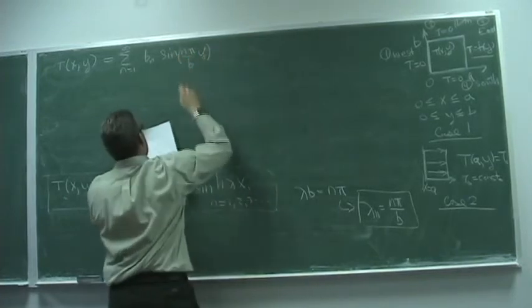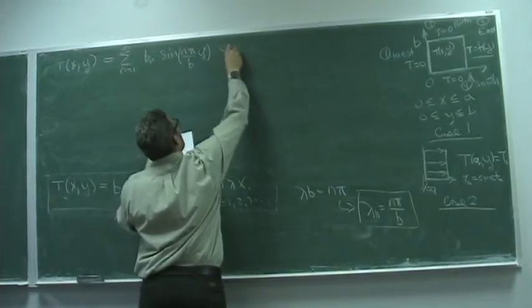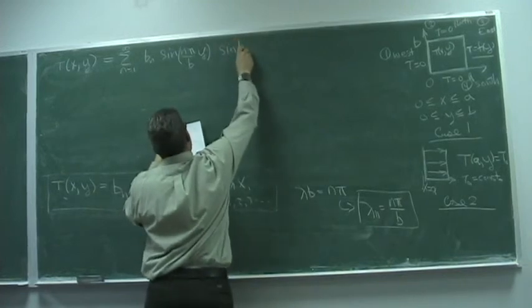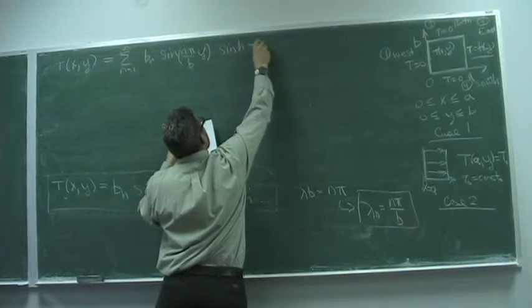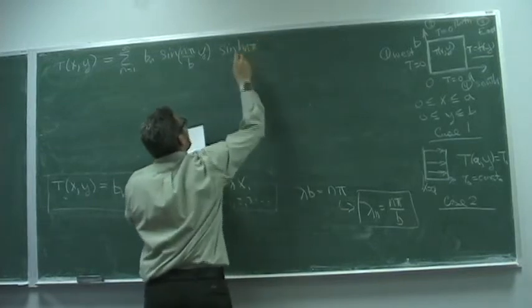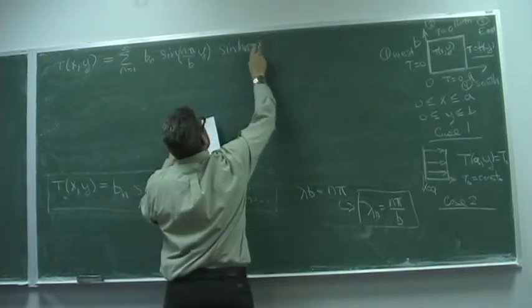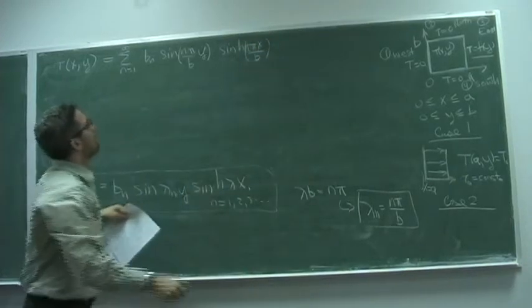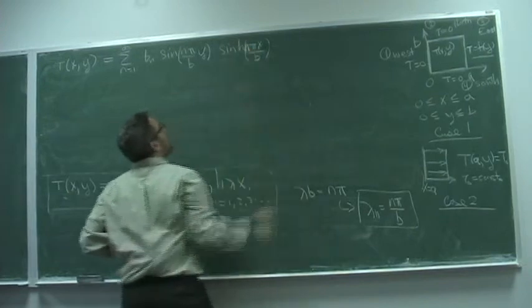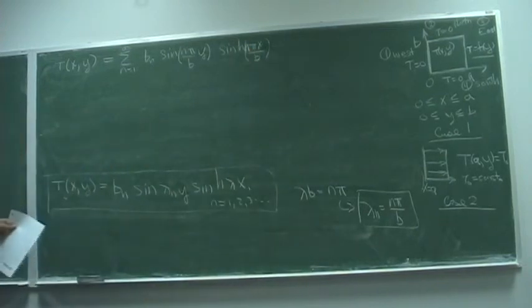There's my first term. My second term is sine hyperbolic of n pi x over b. So there is my solution.